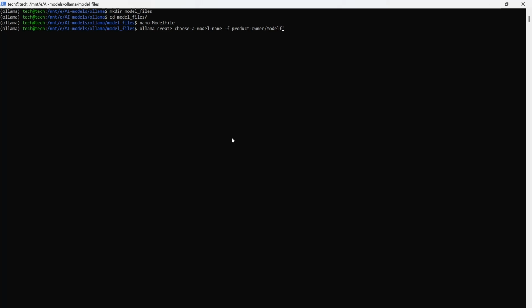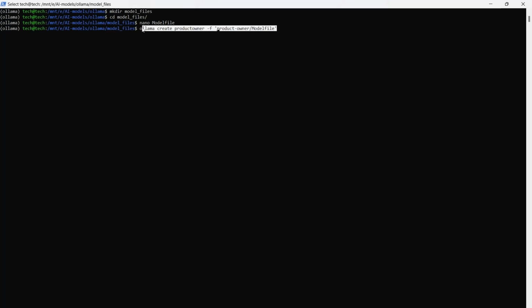So I'm going to create a folder called the product owner, because all the model files are called model file. So you need to separate those different folders.